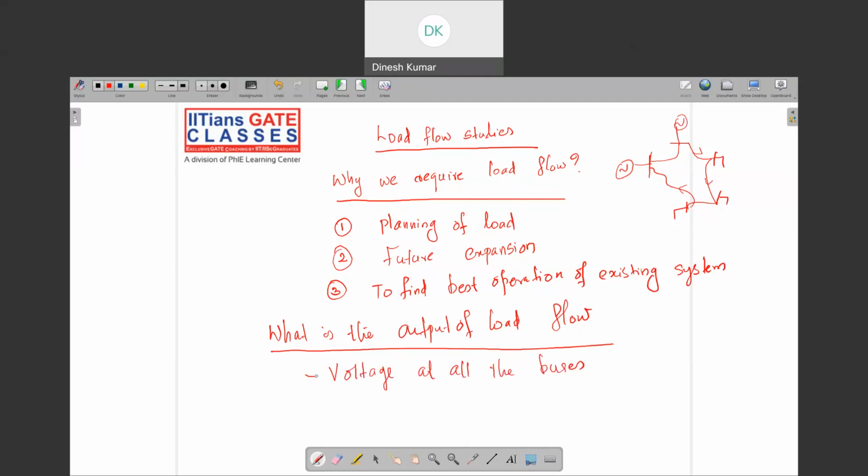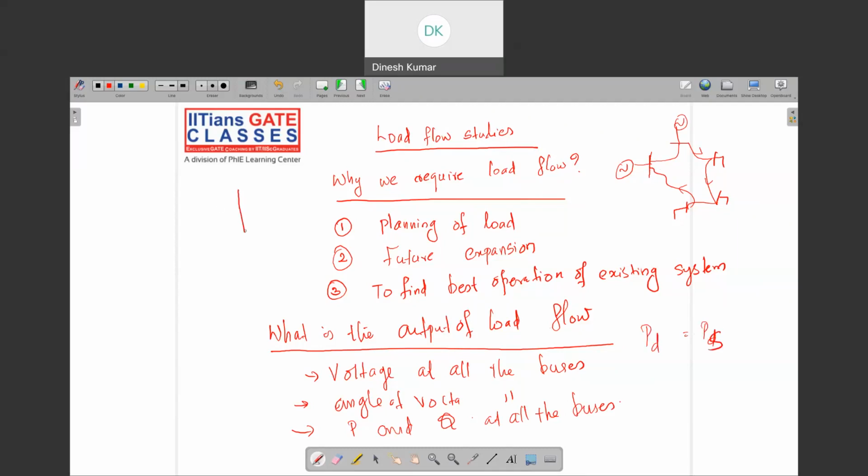Then the angle of voltage at all the buses, then P and Q, that is, real and reactive power at all the buses. Right. We have to find what is the voltage at this particular bus, the angle of that particular bus, and what is the P and Q. That is, P demand will be there and P supply will be there. So it should be made equal.